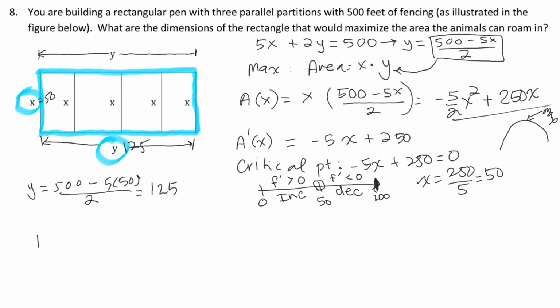So the dimension of the rectangle is going to be 50 by 125 feet. Feet is the answer, 50 feet by 125 feet.